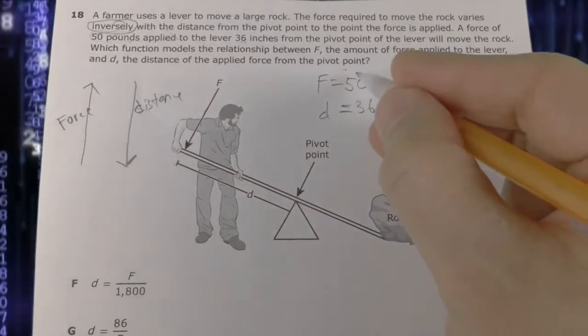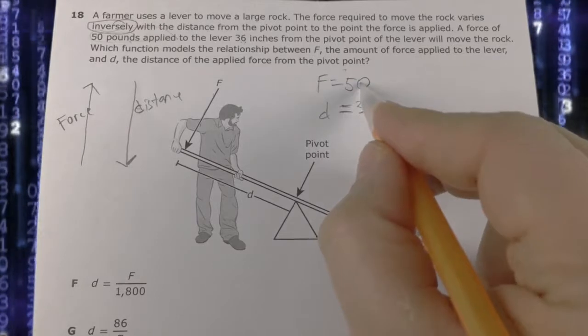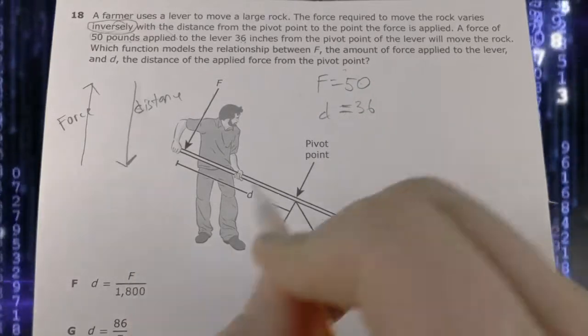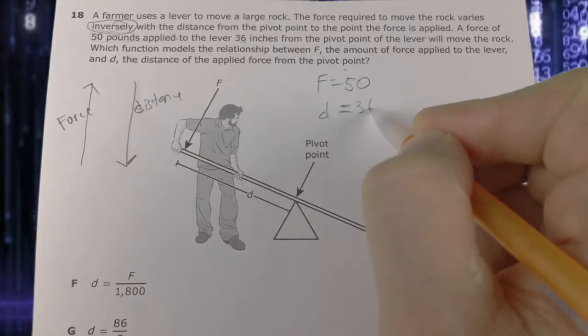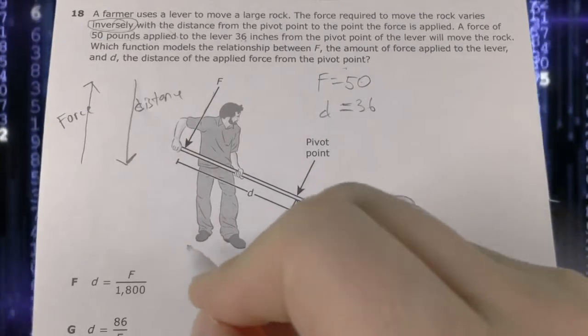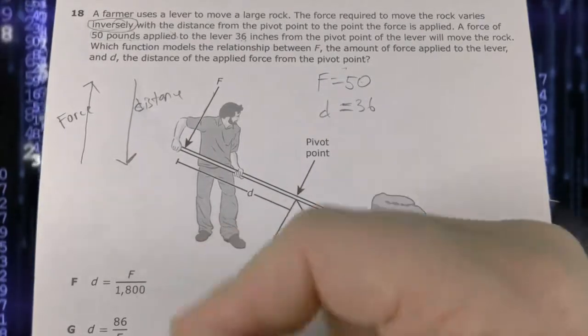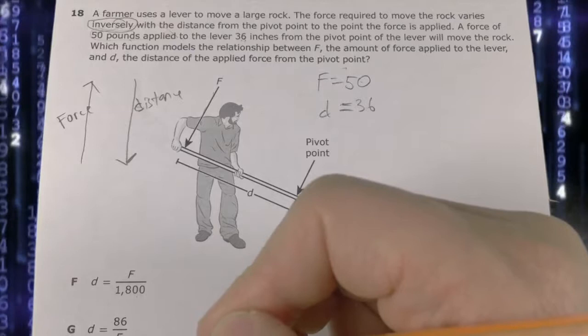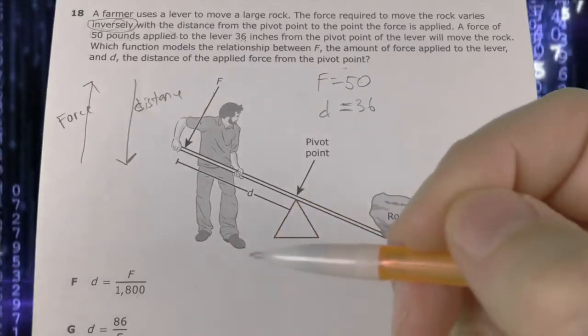Really, we have an ordered pair here: we have a 50 we can plug in for F, and a 36 we can plug in for D. One of these equations is going to work, and the others probably will not. Let's go ahead and plug those in and try.